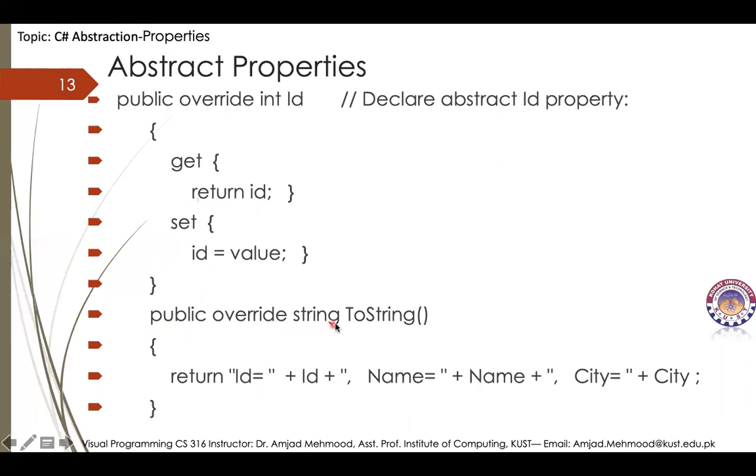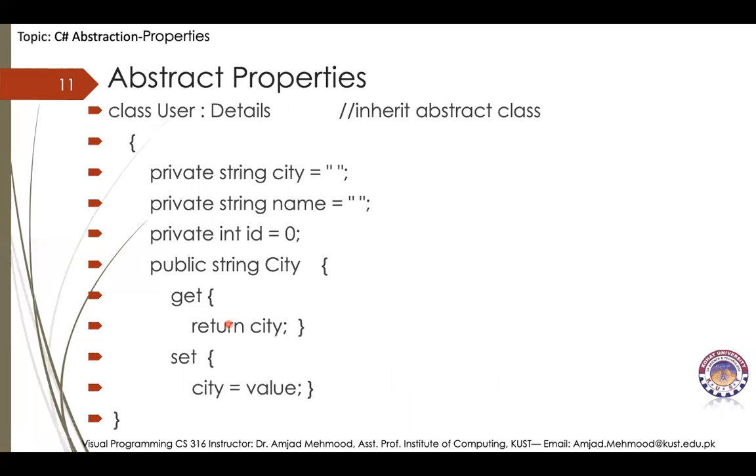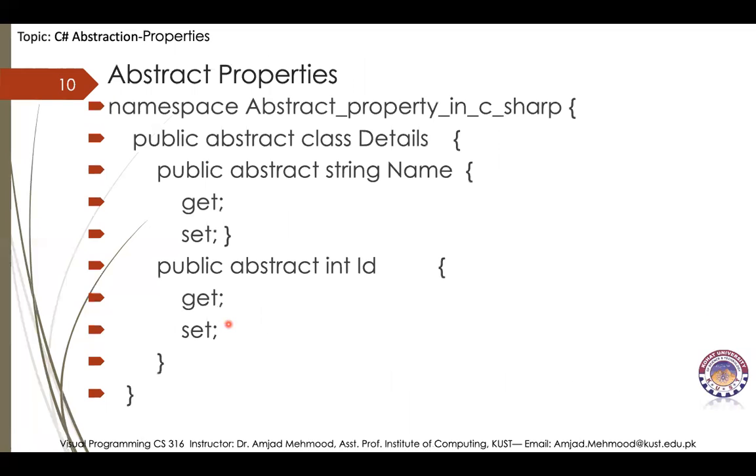And then I'm using this override ToString method. You will be astonished as to why this override is used with ToString. As you know, our parent class, which was the Detail class, does not have a ToString method, but as all the classes are directly or indirectly inherited from the Object class, that Object class already has this ToString method available.